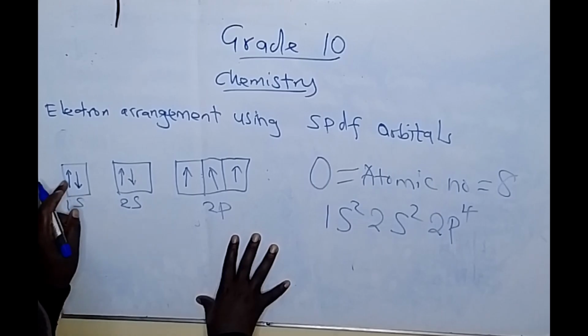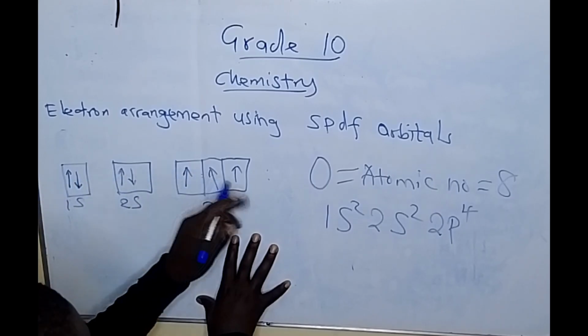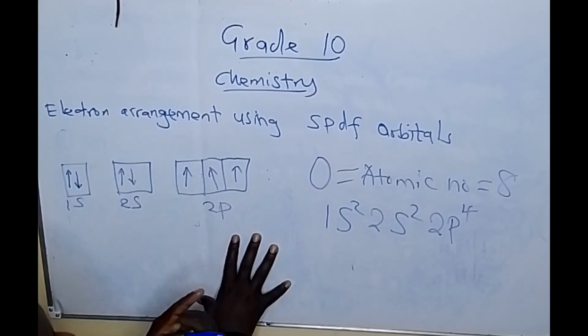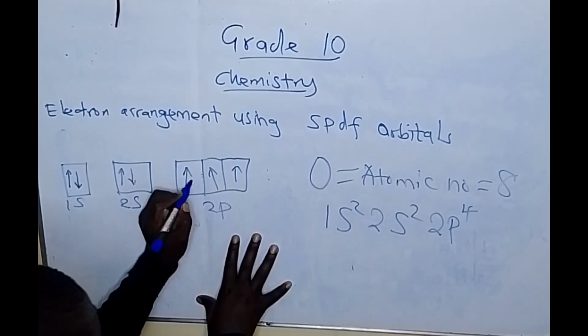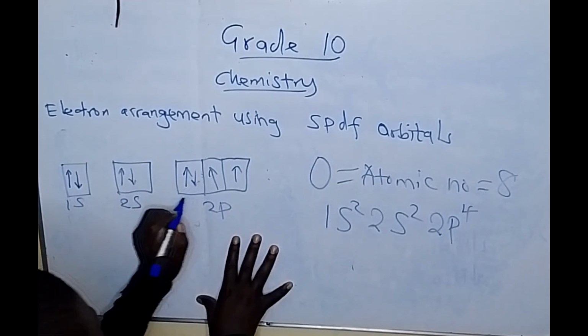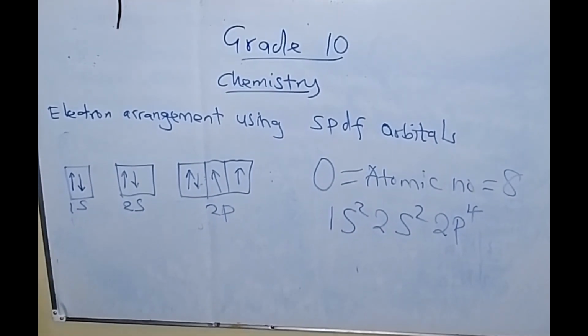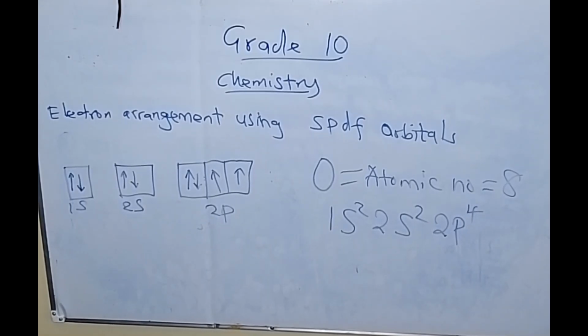How many electrons are these? 1, 2, 3, 4, 5, 6, 7. We are remaining with 1 for the oxygen atom. That one will come here. That's how you represent the in-box electron arrangement.